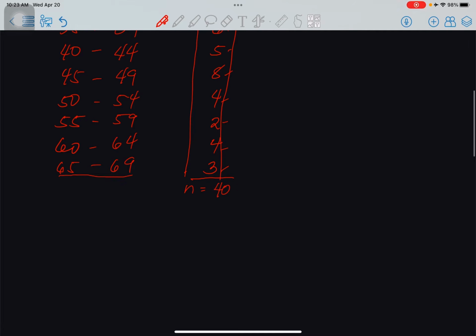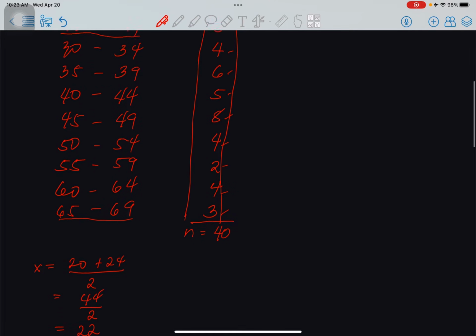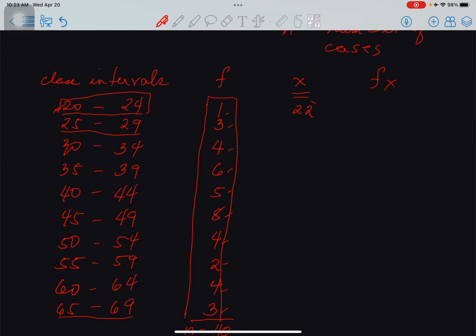So we have midpoint, 20 plus 24 divided by 2. So we have 44 all over 2, and this is equal to 22. So that is our midpoint, the midpoint of your class interval 20 to 24.